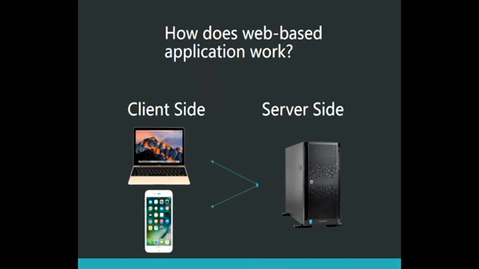And the server is responsible for responding to the initial request. And then it's going to send the client code to your client side. And then it might be responsible for some heavy-duty computations afterwards.